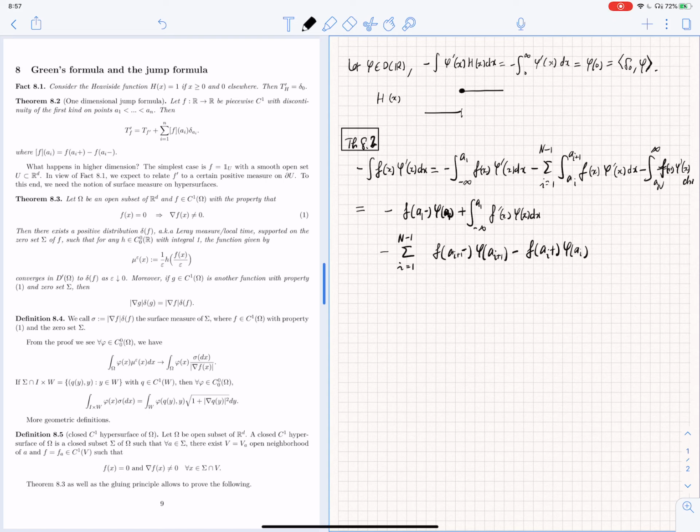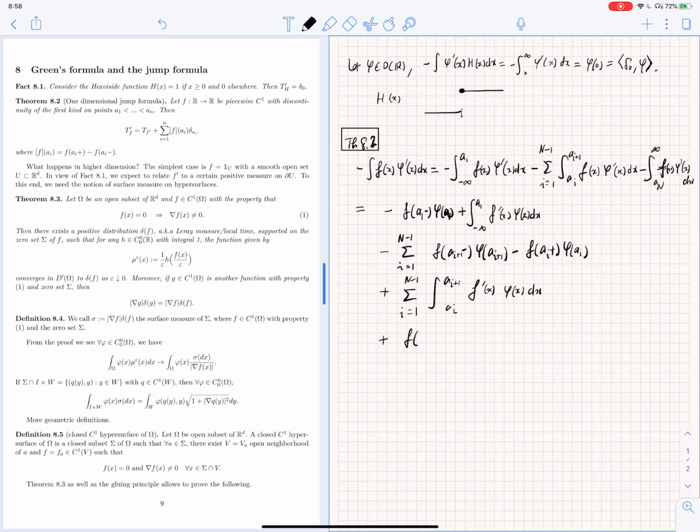So this is the boundary value, and then negative becomes plus. We do the integration by parts, a_{i+1}, then f prime of x phi of x dx. All right, so it remains to do the same thing for the last integral, and we're done.